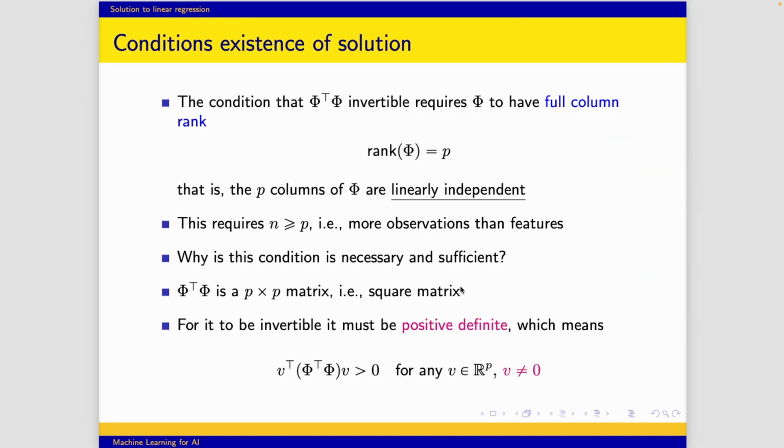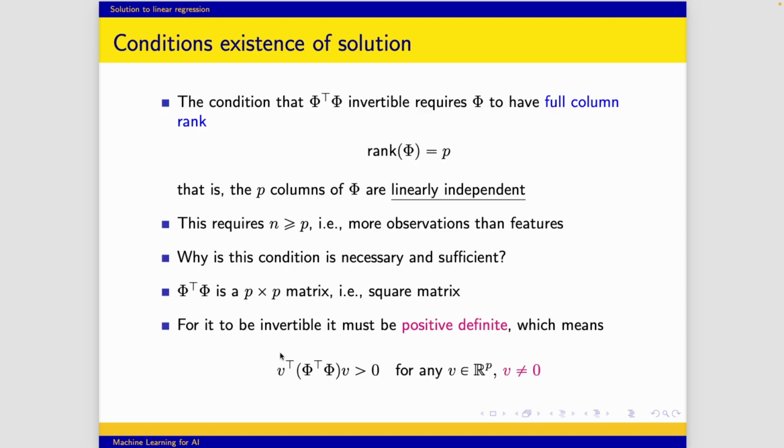And what do we need for a square matrix to be invertible? Well, first of all, only a square matrix can have an inverse. We need it to be positive definite. That's one way we can ensure, an equivalent way of ensuring, that a matrix is invertible. And what is the definition of positive definite?